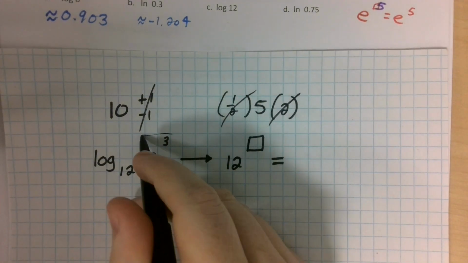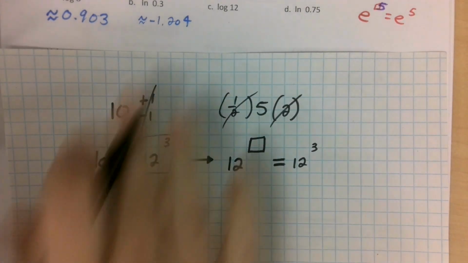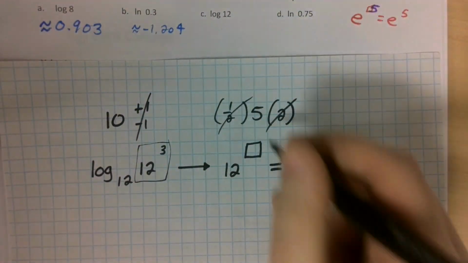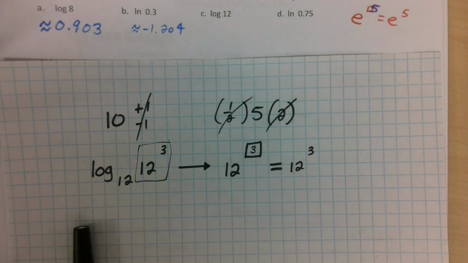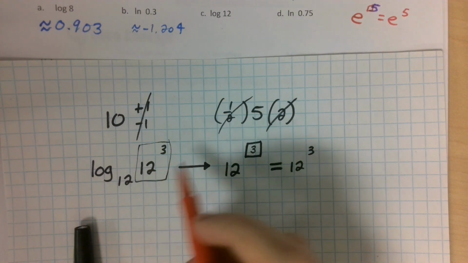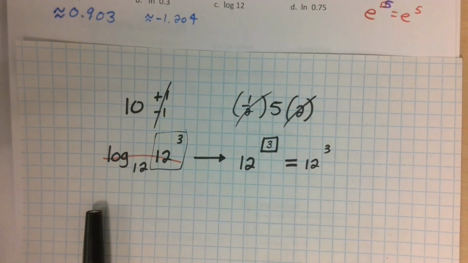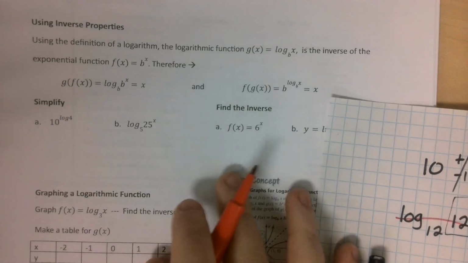Oh, the argument is 12 to the third. Hang on a second, this is just like this example here. It's just 3. Well, instead of going through this whole song and dance, we can recognize that the opposite of a logarithm is its exponential, and cross them off. We'd just be left with 3. 3 is our answer.